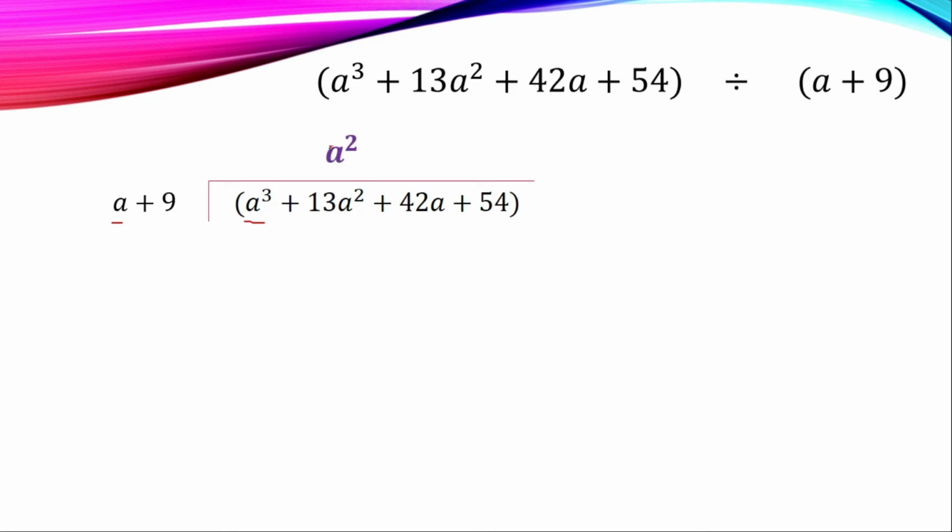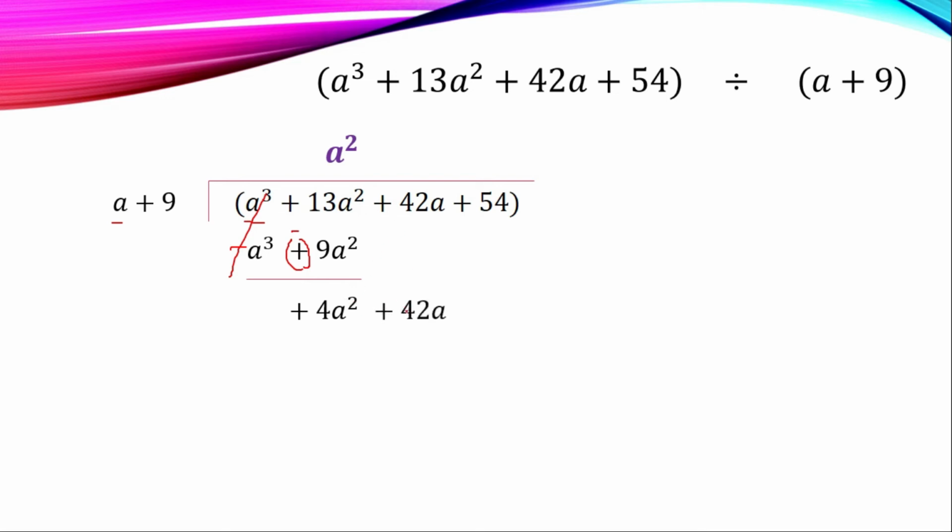Then, proceed to the multiplication. A squared times a, you have a cubed. Then, a squared times 9, we have positive 9a squared. Then, proceed with the subtraction. We have to keep, change, and then change this to subtraction. So, cancel that. And you have positive 4a squared.